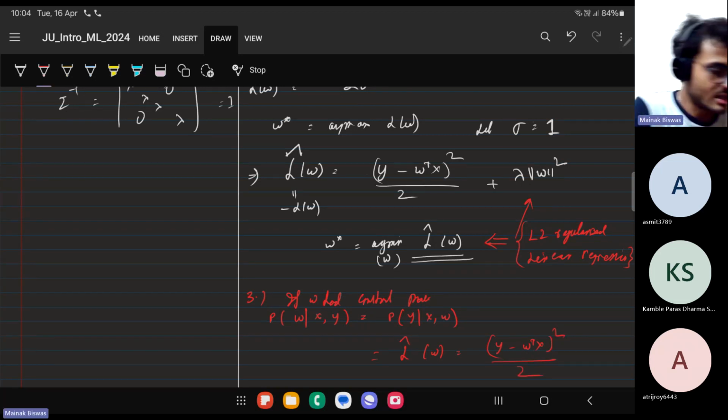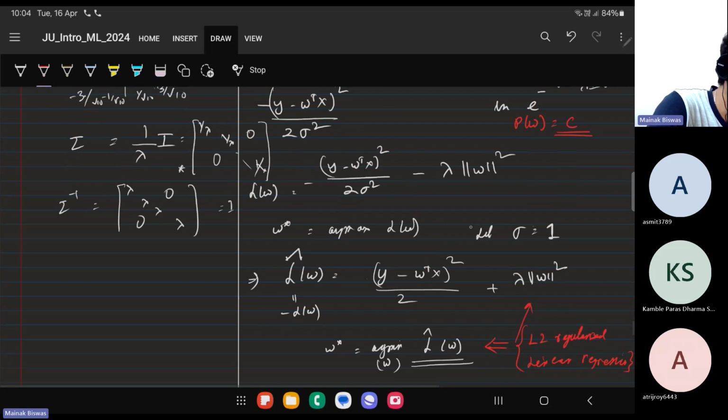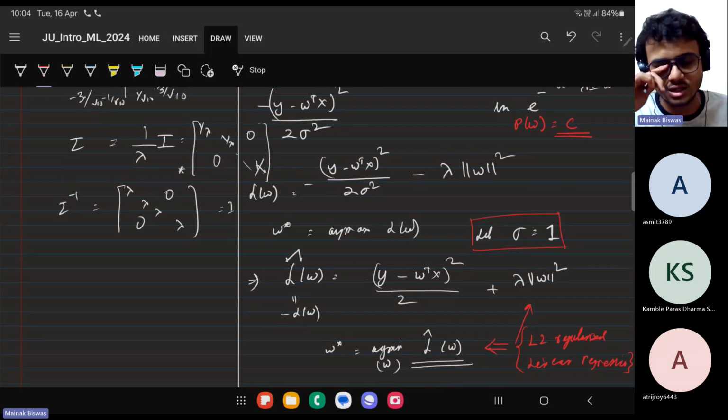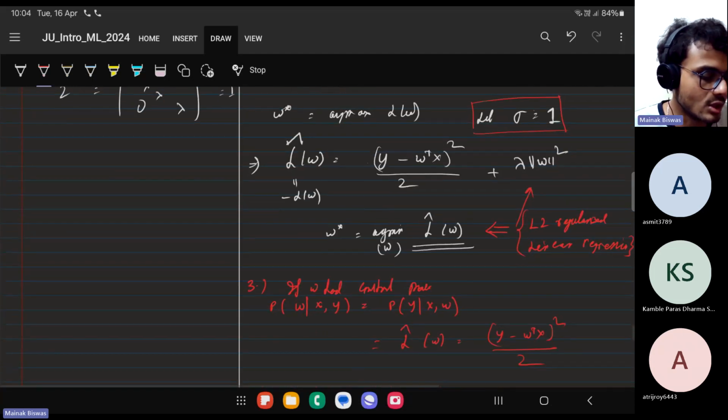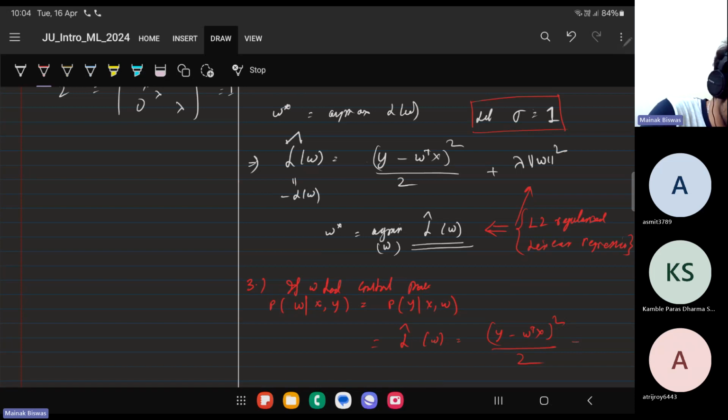And here sigma is just a design parameter. You can take any sigma. This is not learned. Just in case you are not following why I took it equal to 1. So this plus 0, this term will not remain.